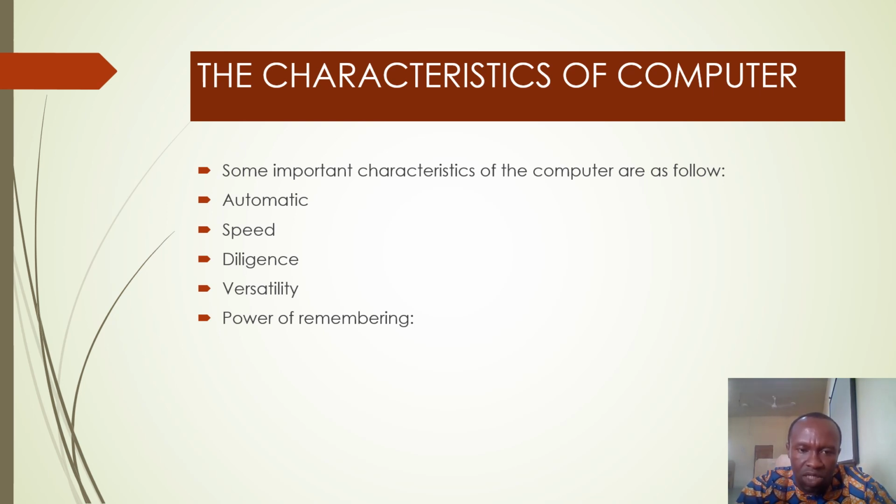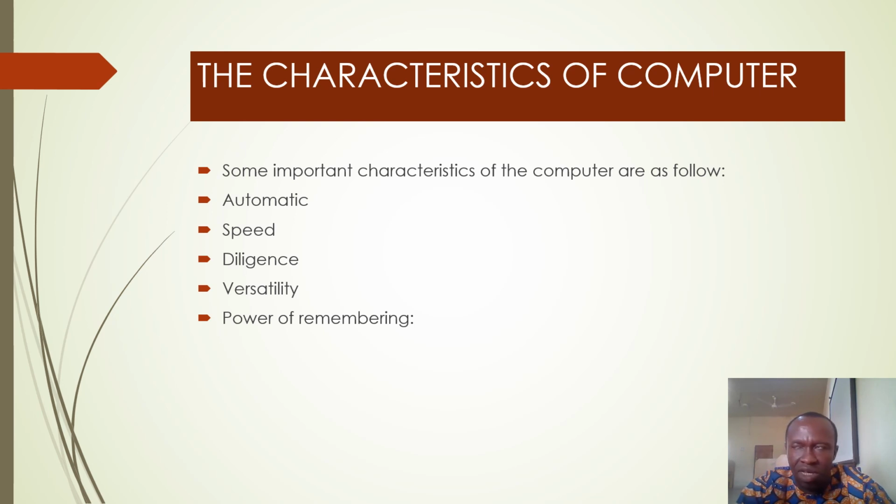That is actually a characteristic of a computer system. It does things automatically. We'll talk about the speed. The system processes things with speed. Sometimes it uses a fraction of a second and then comes up with the answer.